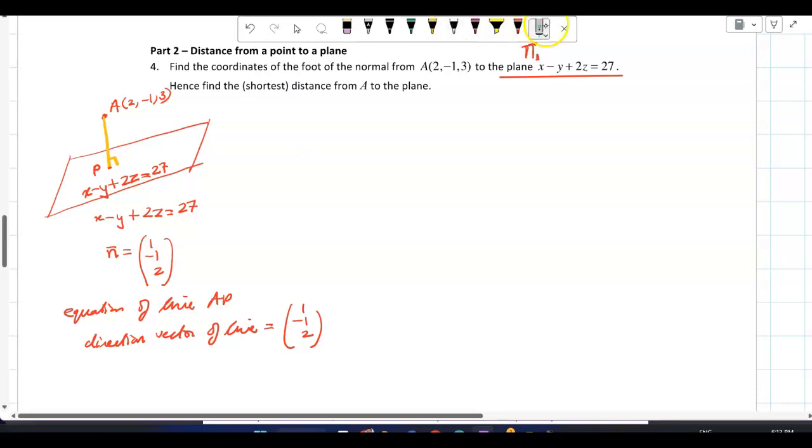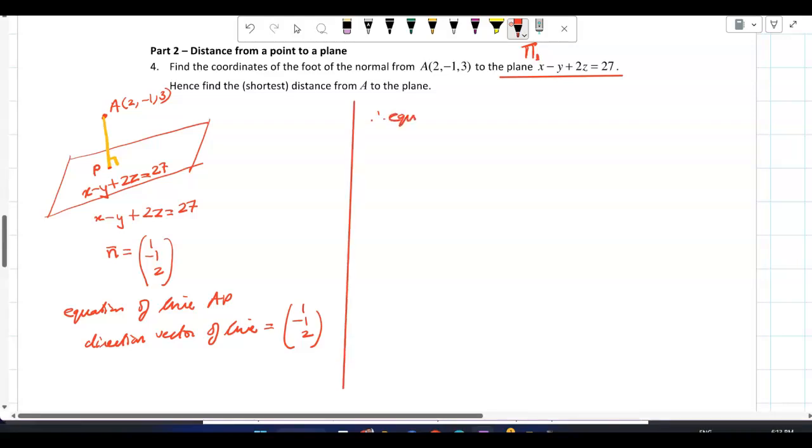See, this normal vector is along the line. So the normal becomes the direction vector of the line. Now what will the vector equation of the line be?